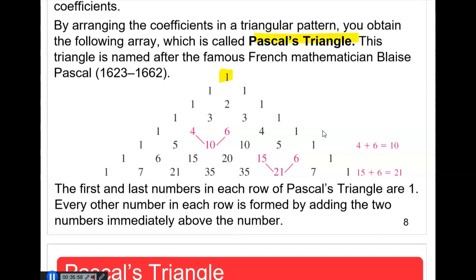And at the beginning and the end of each row or layer of the triangle, you will have ones on the left and on the right side. So at the beginning and at the end. We could see that for every row: 1 at the beginning, 1 at the end for every single row.